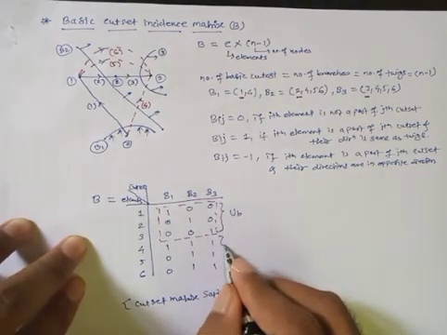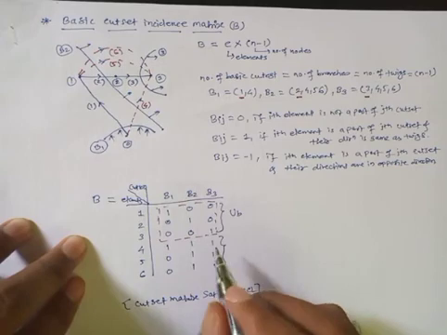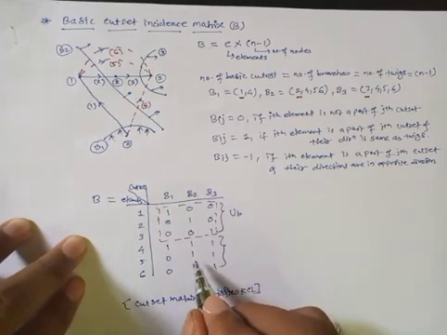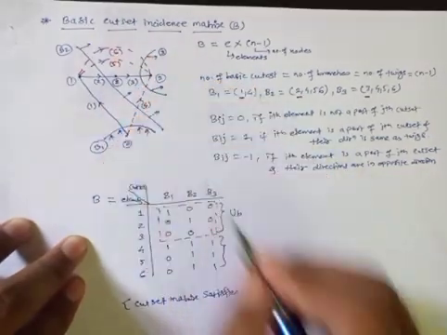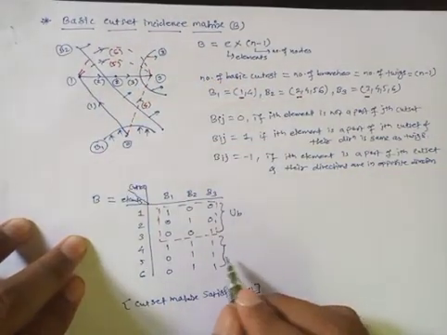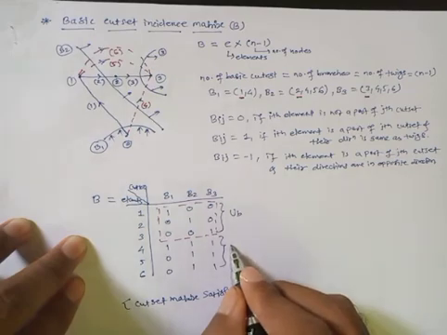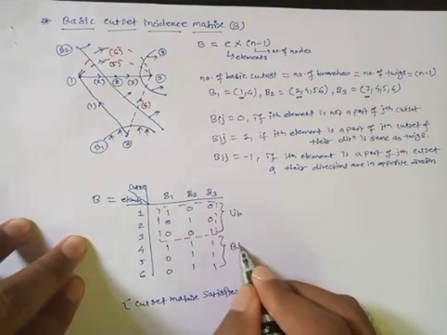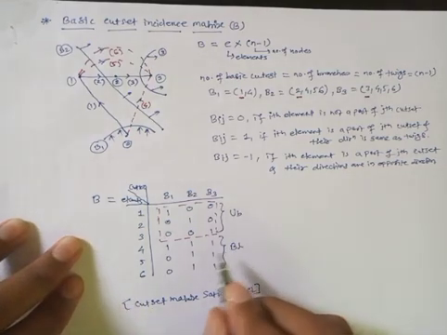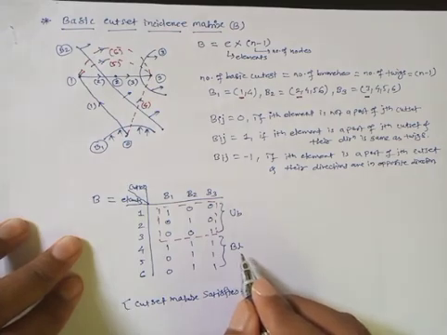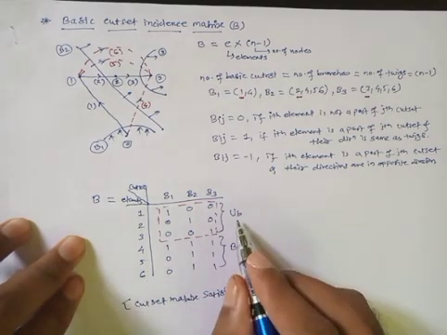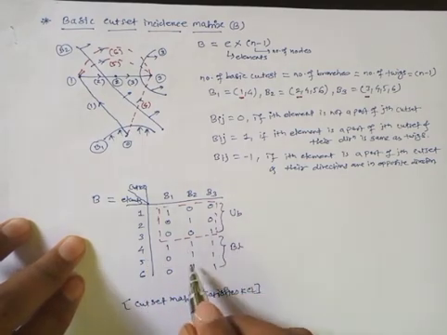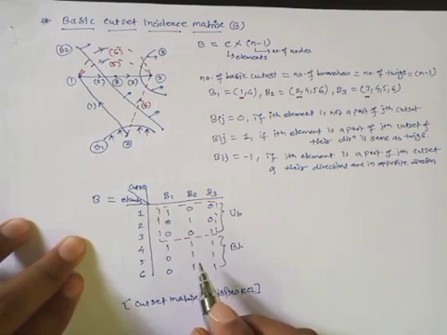The lower part of matrix B corresponds to the 4, 5, 6 elements. 4, 5, 6 means what? These are your links, so it corresponds to the links, and this will be matrix BL. That is the part of matrix B that corresponds to the links, that is 4, 5 and 6. So you will get UB and BL from this basic cut set matrix B.